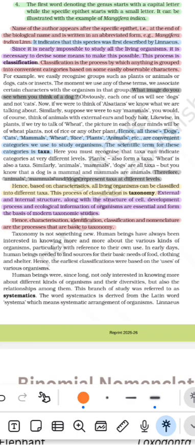Human beings were not only interested in knowing more about different kinds of organisms and their diversity, but also the relationship among them. This branch of study was referred to as systematics.